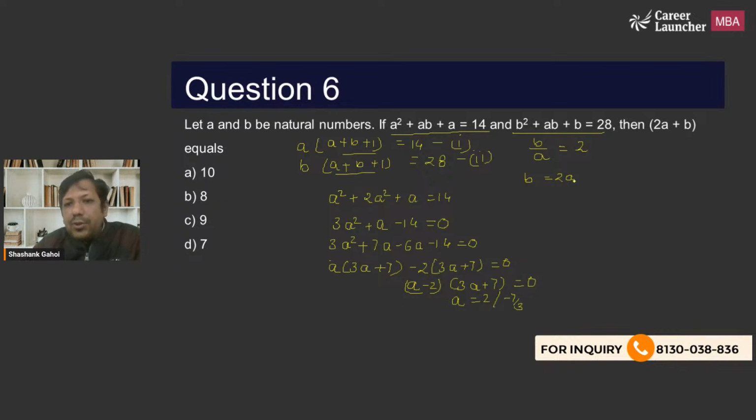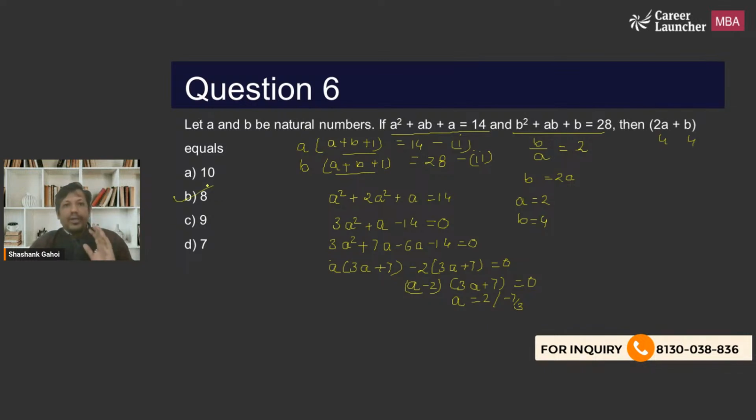So if a is equal to 2, then b is equal to 4. So basically if a is equal to 2 and b is equal to 4, then 2a plus b: 2a is 4 and b is also 4. So this value comes out to be 8.